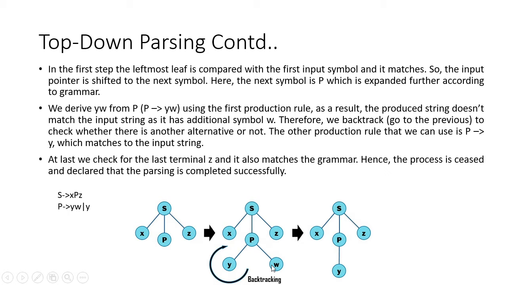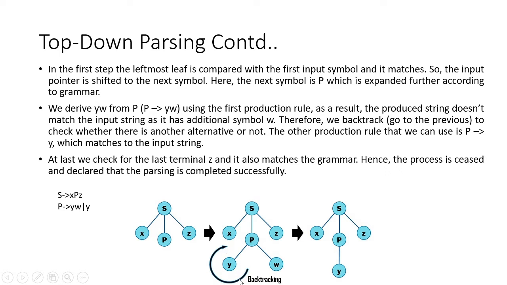In such cases, we find X, Y, but the last one is not matching at all, because the leaves have to match X, Y, Z. We should get X, Y, Z, but we get X, Y, W. So it's not matching, and we have to backtrack.